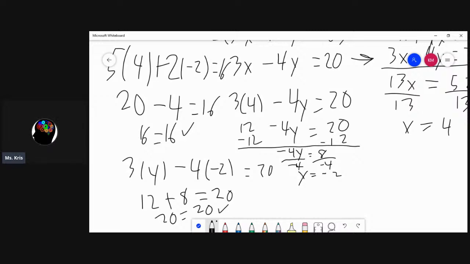Now, what if you have two equations and both of those equations require you to multiply both of them? What does that look like?